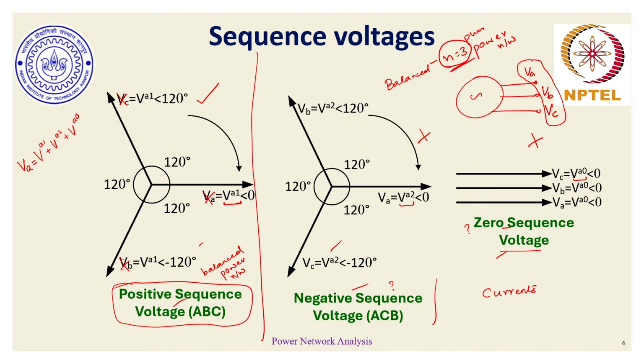Similarly, for phase B voltage, if I have to express it in terms of the respective sequence components, let me write those as VB1, VB2 and VB0.